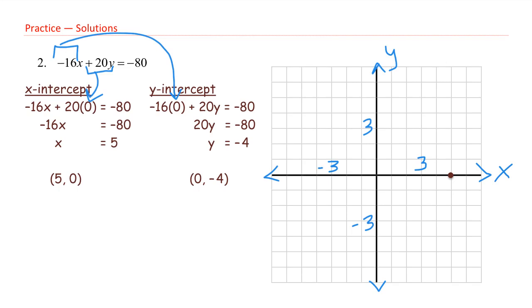And next we're going to graph the y-intercept, which is 0, negative 4. And there's that point. Now that I have 2 points to use, I can draw the line representing this equation. And there it is. So now I have the line representing the equation negative 16x plus 20y equals negative 80. This concludes our video on the intercept method of graphing.